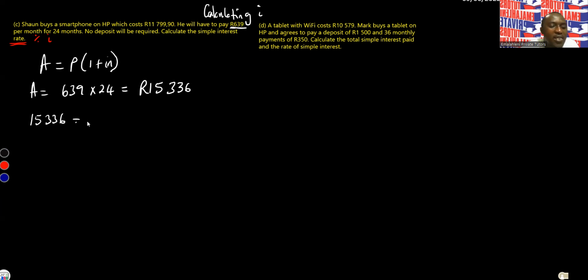It equals our initial amount, which is the principal amount, 11,799.90. Then we have our time, N, which is 24 divided by 12, which gives 2. Then we are looking for I.